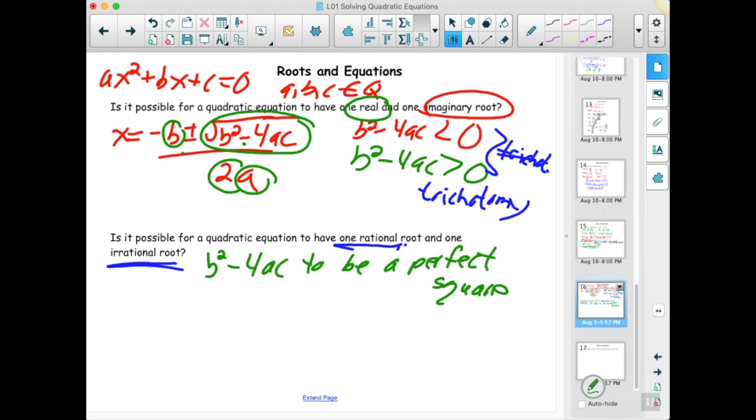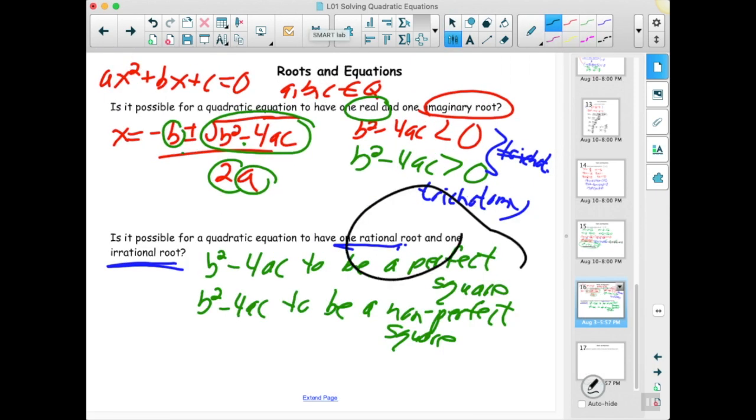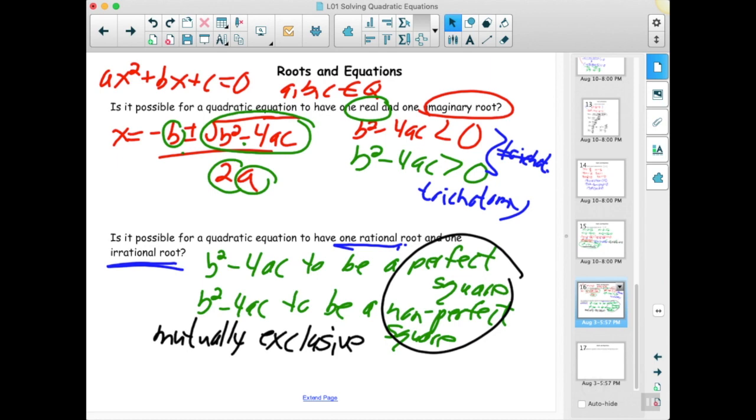Now, in order to get an irrational root, I'm going to need this thing, b squared minus 4ac, to be a non-perfect square. And these are mutually exclusive. All right. These two concepts are mutually exclusive, which means you're one or the other. So you can't be both simultaneously. So that's not going to be possible.